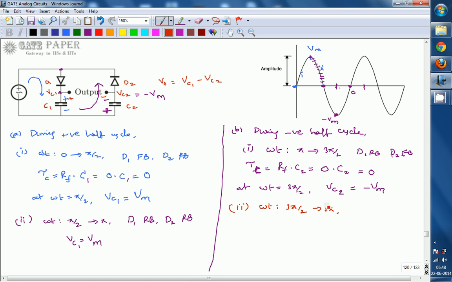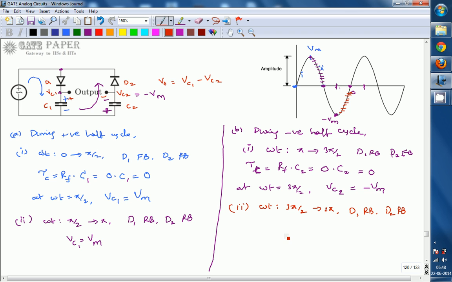During this time the voltage is increasing from minus Vm towards 0. That is, you are applying more positive voltage to the N side than the voltage on the P side, which is minus Vm. So diode D2 is reverse bias along with diode D1. D1 and D2 both are now reverse bias.